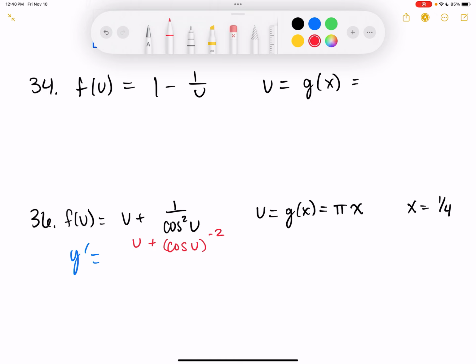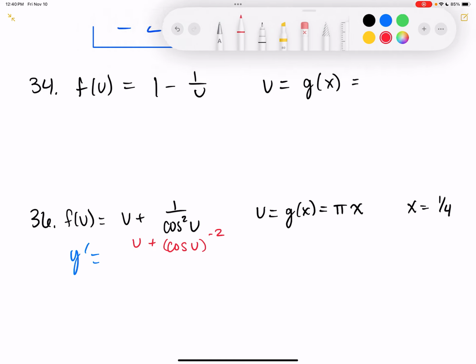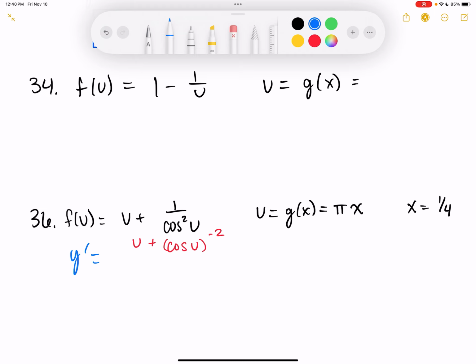So then the derivative of this would be what? 1 plus negative 2. Well, it is going to end up being plus, because the derivative of cosine is negative sine, but the negative 2 in front, so it is going to become positive.